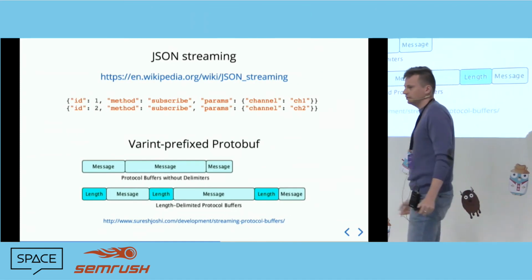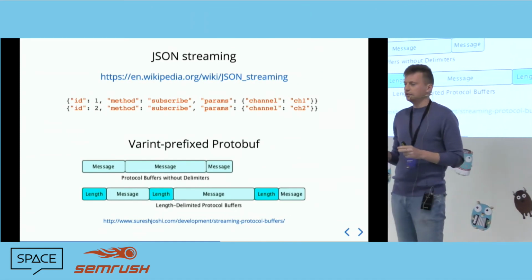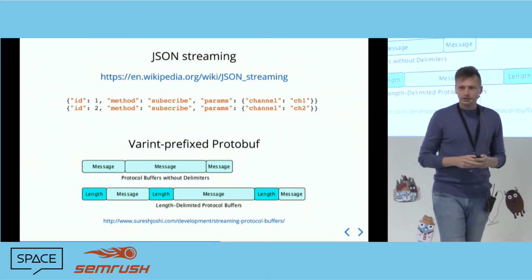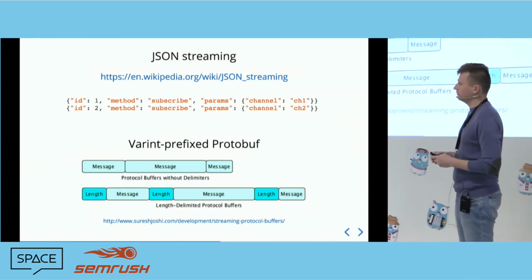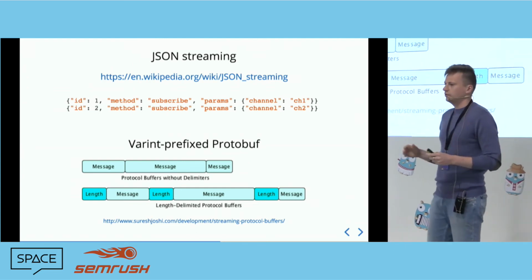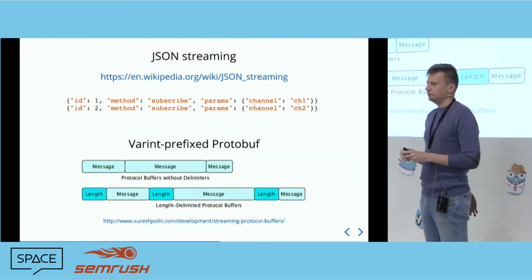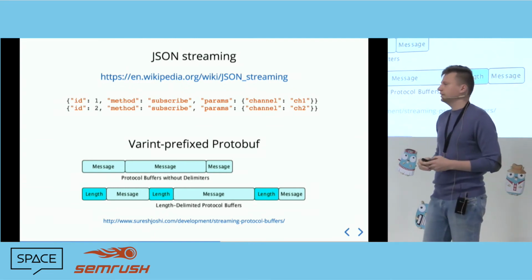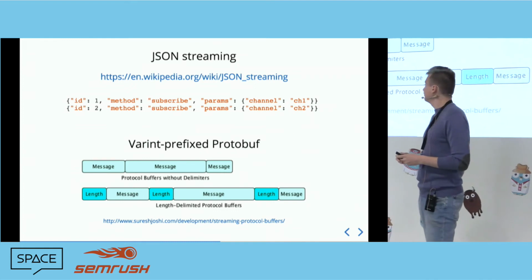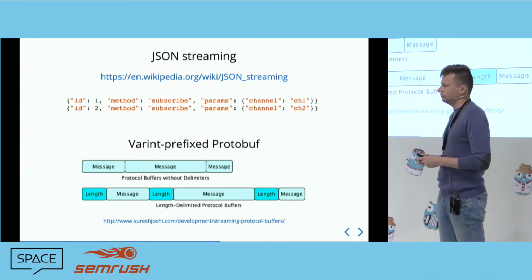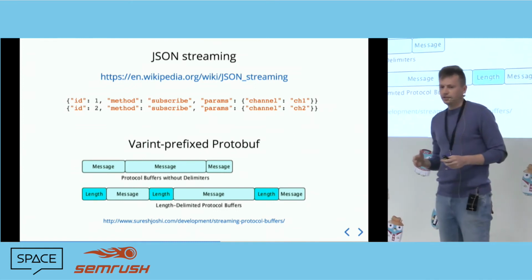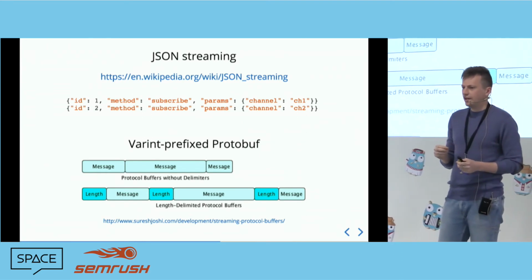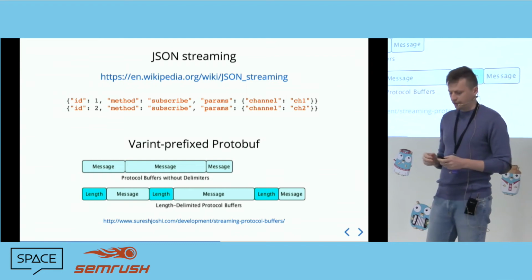What can we do? We merge several independent messages with the help of protocol design. In the JSON case, we use JSON streaming to combine several messages into one batch. Messages in JSON streaming format are delimited by a new line symbol. In the Protobuf case, we use a length prefixed format, where each individual message is prefixed with a varint message length.